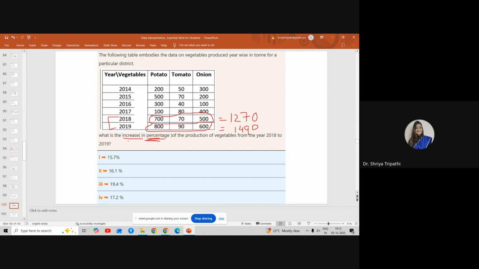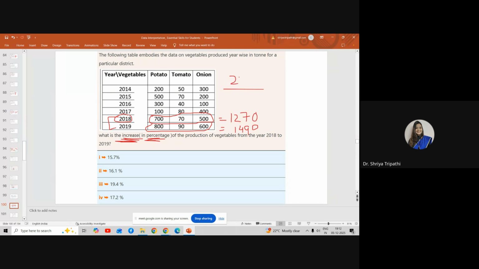Now, how do we find an increase percentage? First of all, we will subtract 1490 minus 1270, which will come to 220. Very good. Yesterday in class also we discussed that whenever we are finding increase percentage, we will put the base initial value in the denominator.